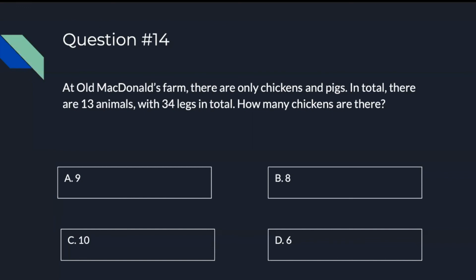Ooh, C is close, but not quite. Okay, A.